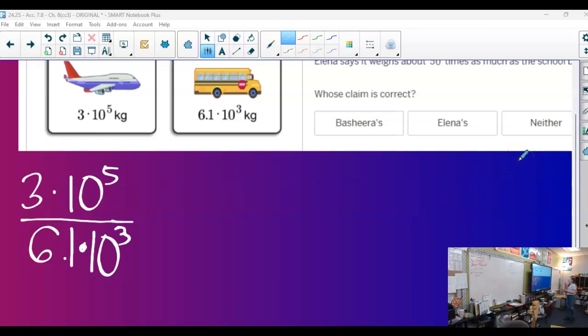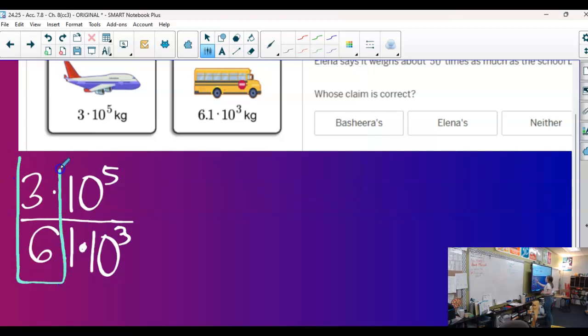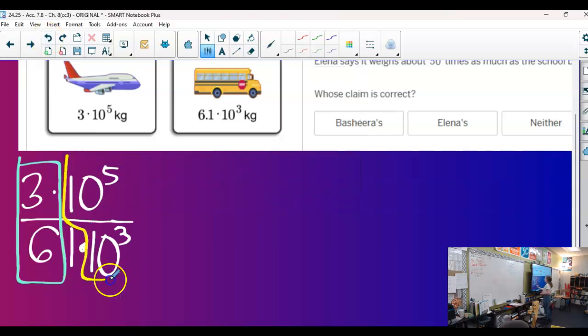Okay. So if you don't want to go to standard form, there's 2 parts to this. So 3 divided by 6.1, I got your answer here, is 0.492.